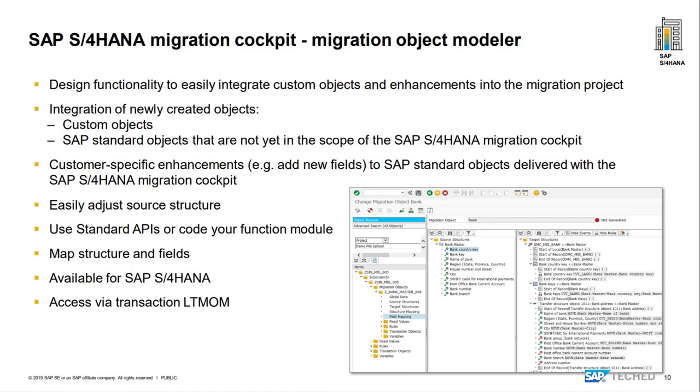In on-premise, this migration object can be called through transaction LTMOM, and the Migration Cockpit on-premise can be called with transaction LTMC. In the cloud, for those of you looking into S4HANA Cloud, the Migration Cockpit belongs to the area where we manage all the implementation aspects for S4HANA Cloud, and this is what we call the Manage Your Solution Fiori app.